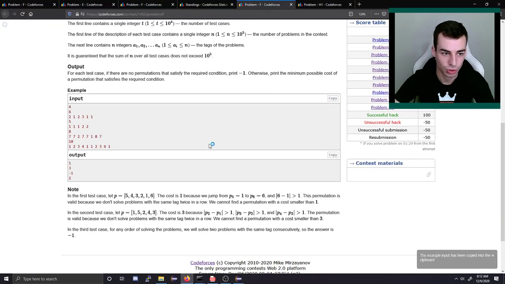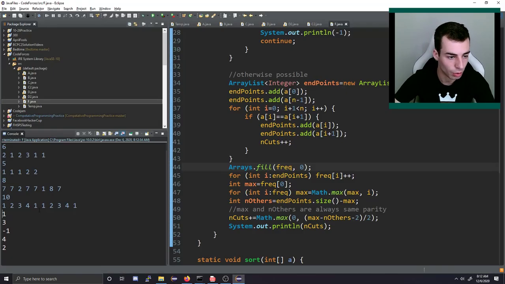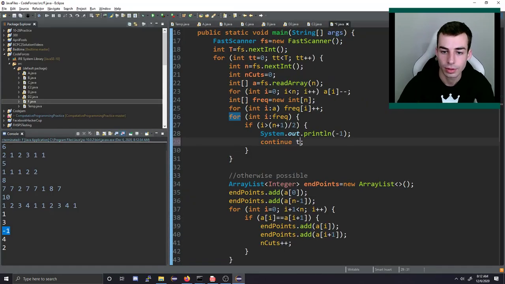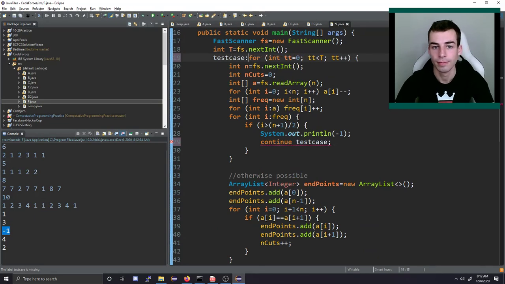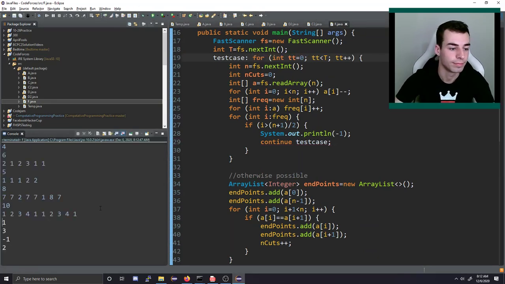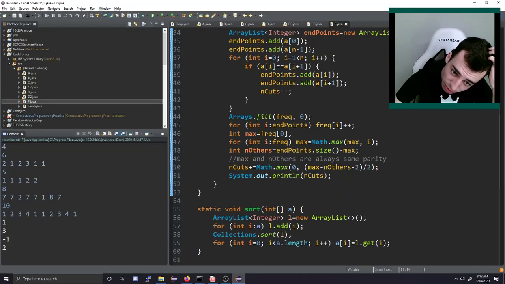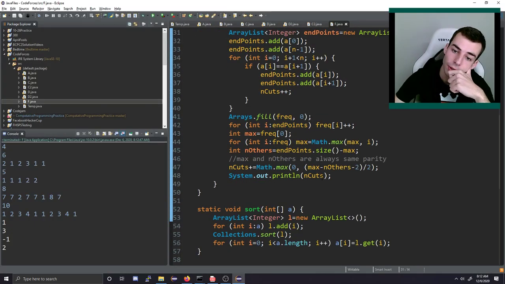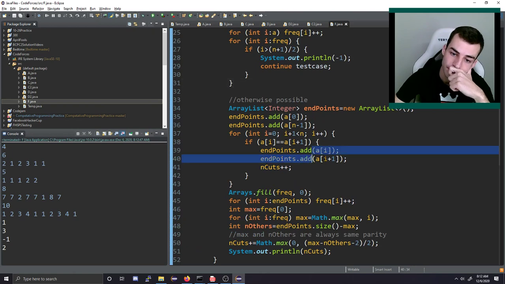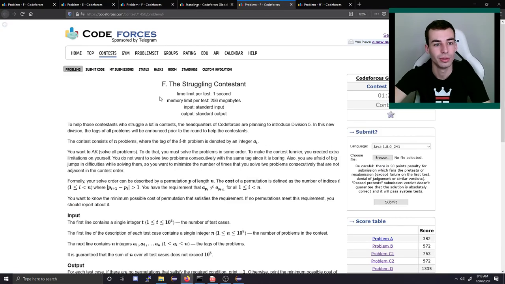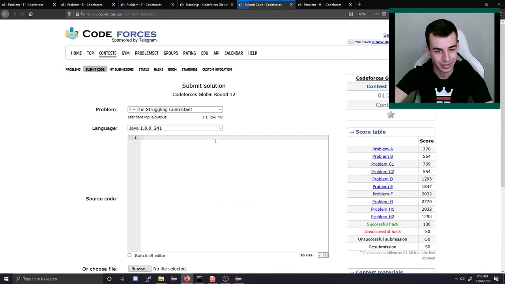Yep, and then System.out and cuts. Should pass samples because we just tried it. 1, 3, continue. Test case. Do we think about this for a minute before we submit in case we're wrong? I feel like I haven't been wrong in a while. Might be refreshing, you know, just in case.